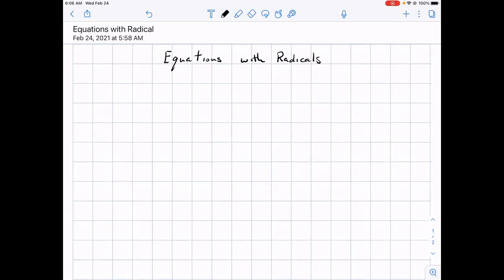So if we know A is equal to B, then A squared is equal to B squared. All we did was square both sides.